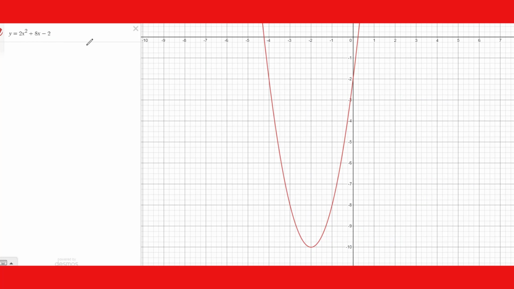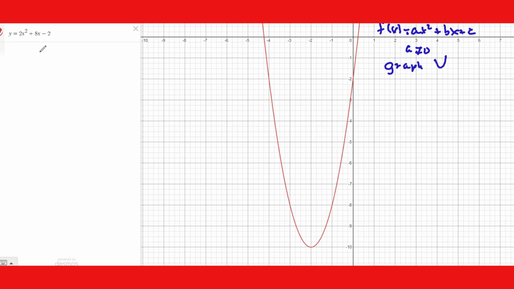I'm going to leave that parabola on there for just a second, and let's talk about some values. When we have a graph in standard form, remember standard form is f of x equals ax squared plus bx plus c. a cannot be equal to 0, and the graph of this function is a parabola.